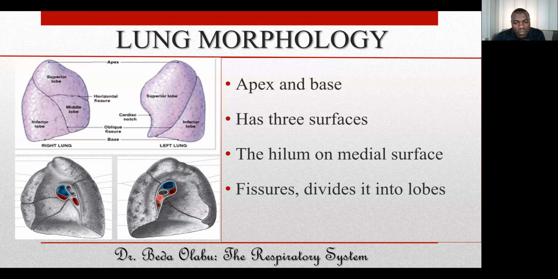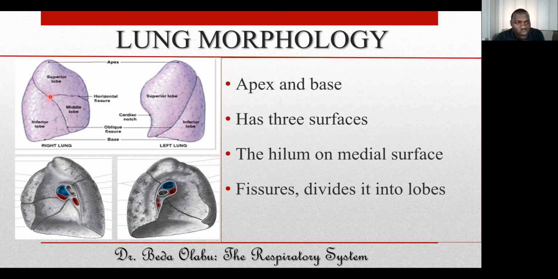Each lung has fissures which divide it into lobes. This is the oblique fissure dividing the left lung into upper and lower lobe. The right lung has both the oblique fissure as well as the horizontal fissure.